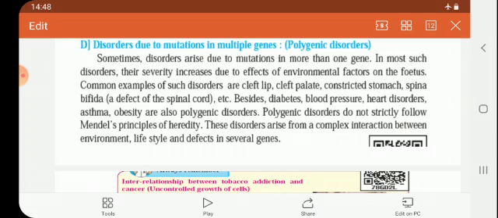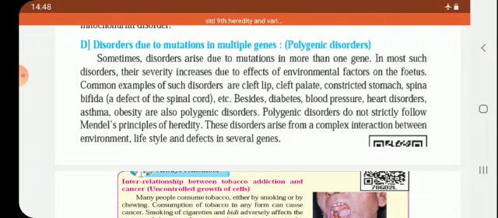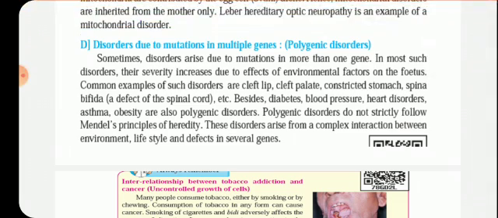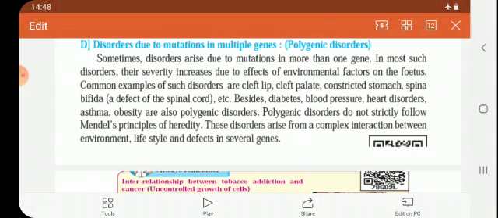Whatever Mendel's principle is, here this rule cannot be followed in a proper way. These disorders arise from the complex interaction between environment, lifestyle and defects in several genes. Only the last one, polygenic disorder, does not follow Mendel's rule, because of this complex interaction.